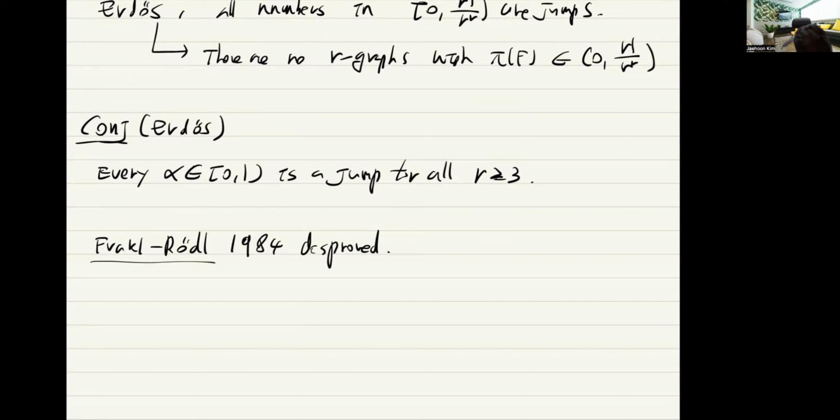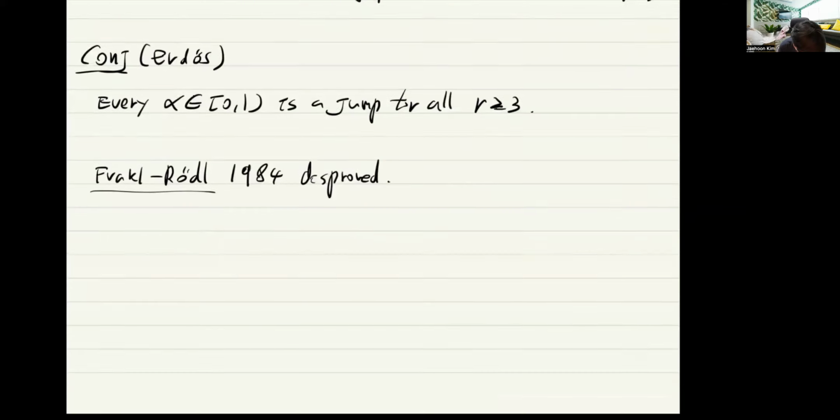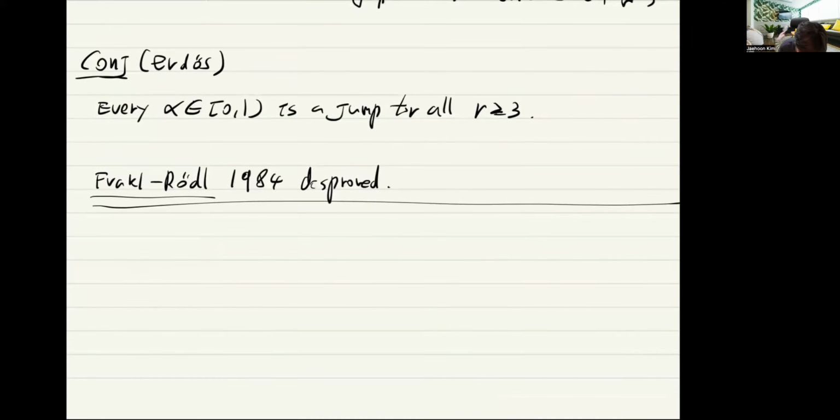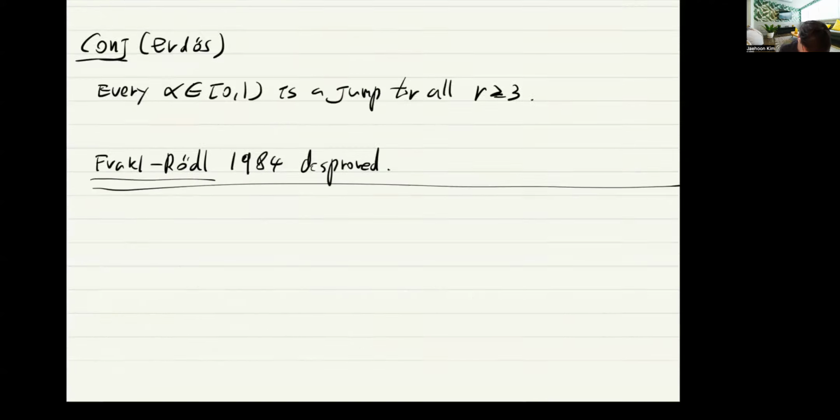And they found a sequence of values of non-jumps for all r at least 3. So that was a bit of history.